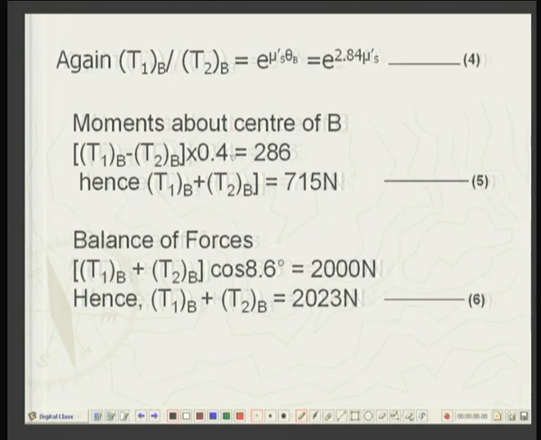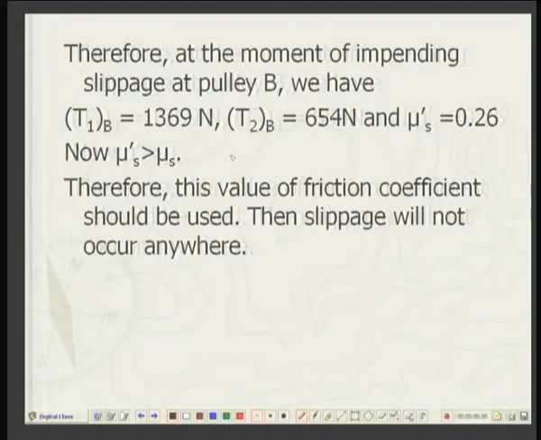So again 3 equations, 3 unknowns, and if we solve it, we will get the corresponding tensions as 1369, 654, and most interesting of them all is mu s dash, the coefficient of static friction at pulley B, which is required, is 0.26.